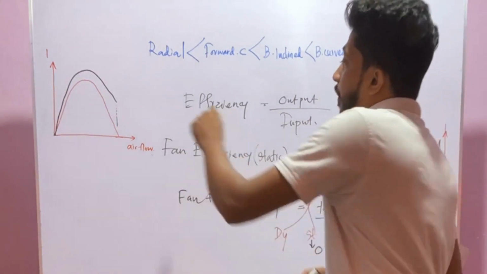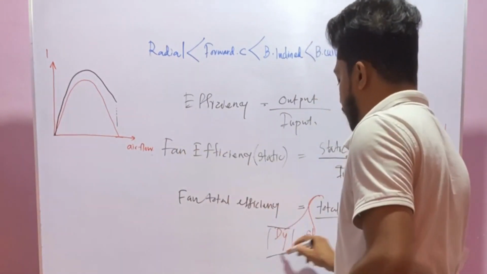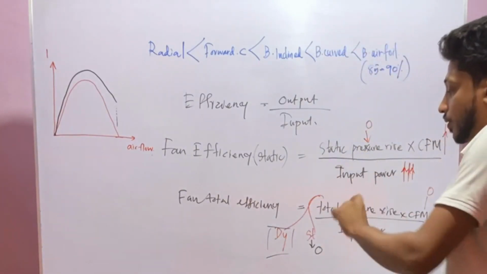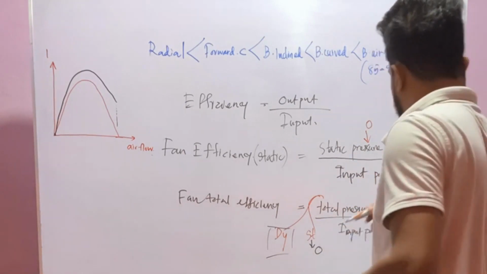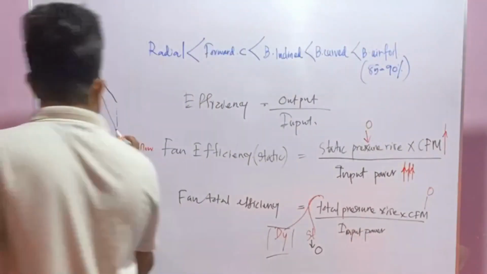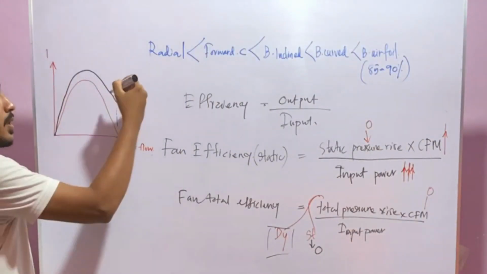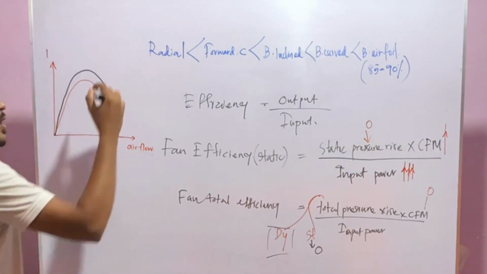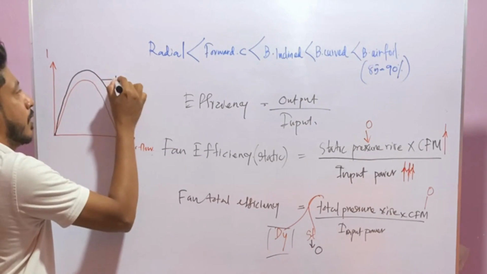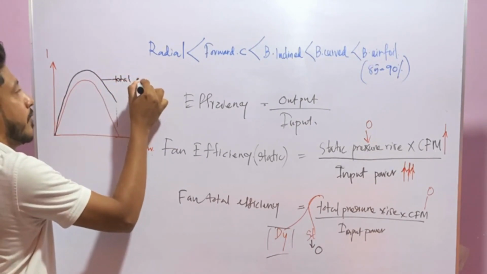But total pressure does not totally depend on static pressure because it has another component, that is dynamic pressure. So at this maximum airflow, dynamic pressure is not 0. Because of that, there is an amount for the total pressure. Because of that, at the maximum airflow, total efficiency does not come to this axis. So this is total efficiency.